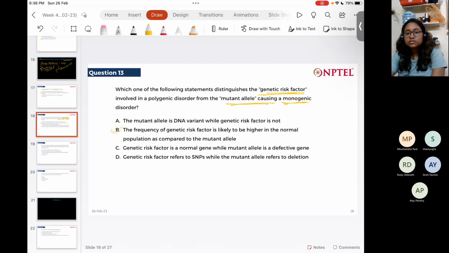Why not C, which you said just now? So a risk factor is a type of mutation. Think about it. It's a type of mutation, right? But it is not affecting the function of the gene. The term normal gene is very unclear, right?